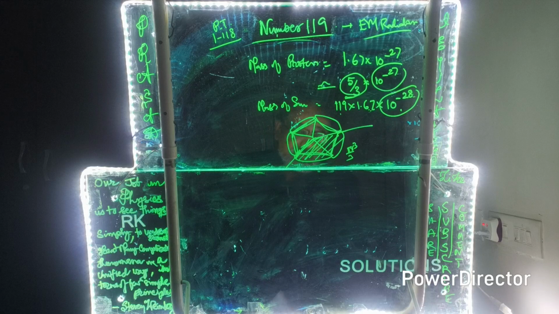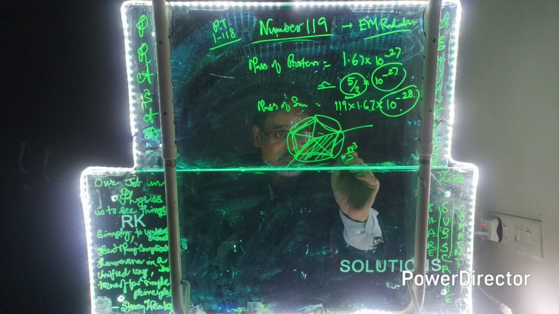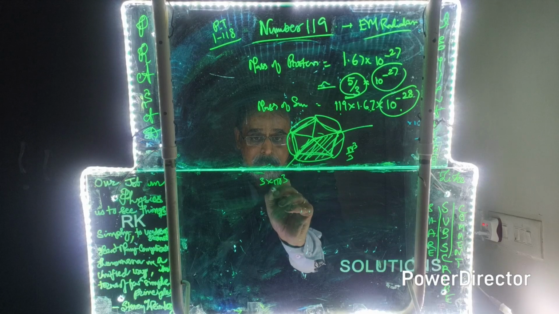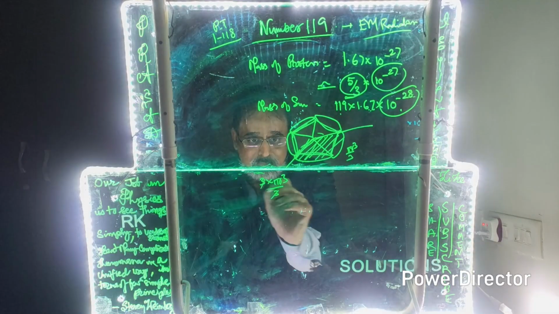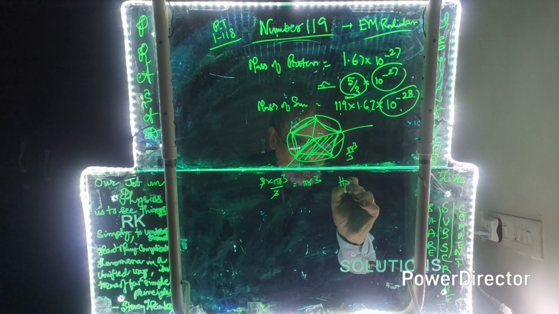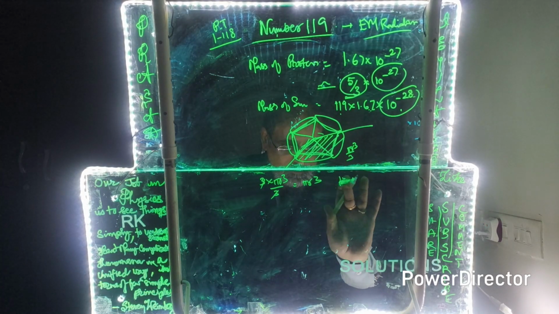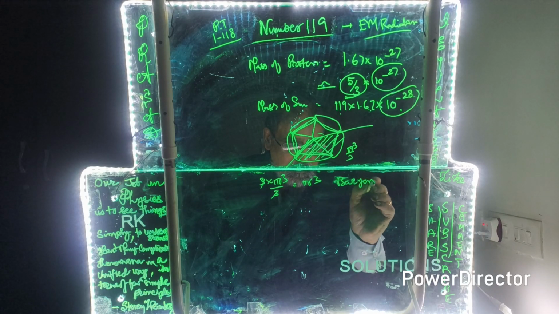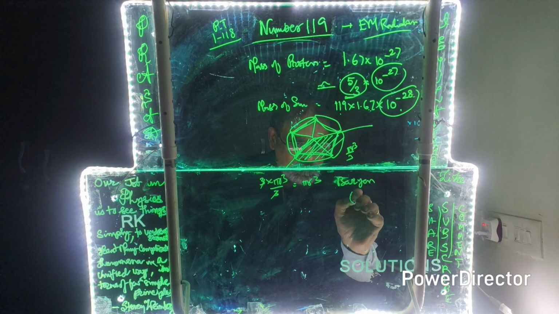There are 5 of these, and if we take 3 into pi r cube by 3, that gives you pi r cube, which I call a hadron, like baryon, like proton.